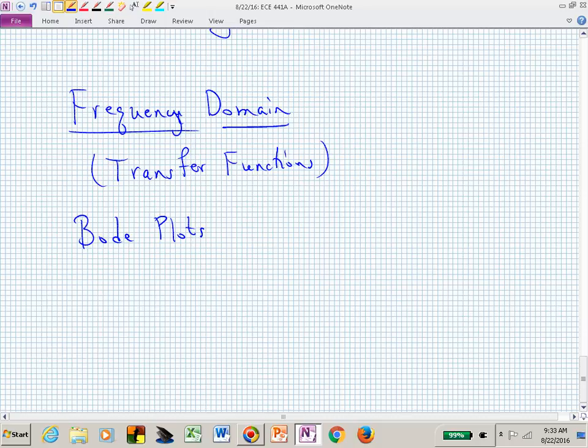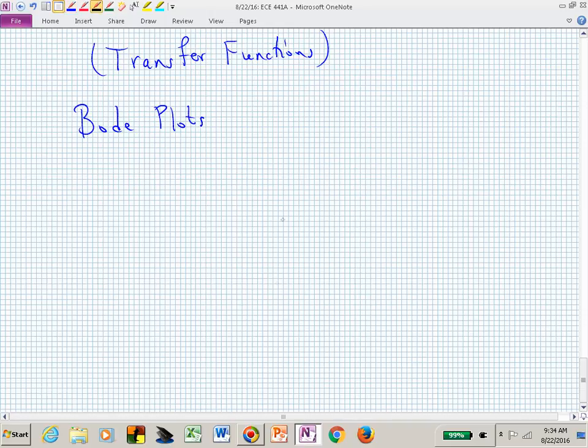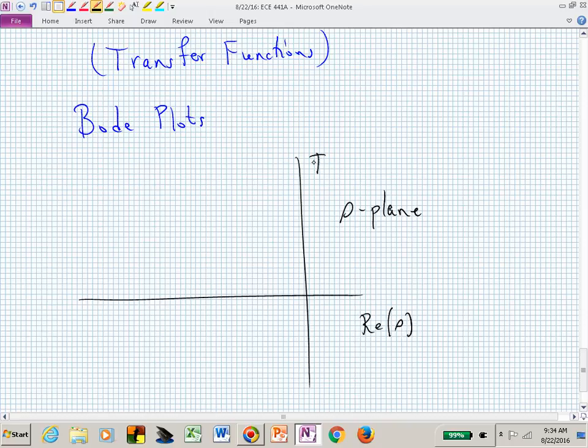If you're not, become experts. We also are going to be working with pole zero patterns in the S-plane. This is the complex S-plane. This is the real part of S, and this is the imaginary part of S, and we will now be gaining insight into a system's behavior based on where the poles and zeros are located in this complex S-plane.